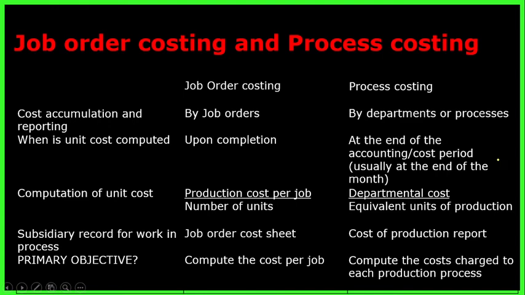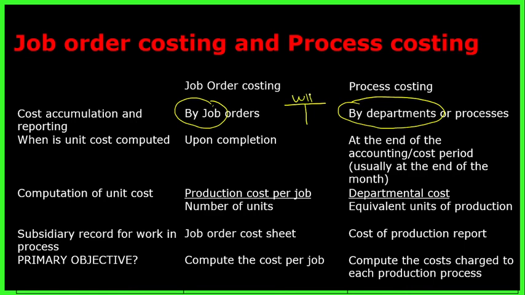Yan, other differences, cost accumulation and reporting. Okay, for job order, they are accumulated by job. When we say by job, okay, it could be by batch or by product. Process costing naman, costs are accumulated by departments. Ito na yung clue natin. So, if costs are accumulated by jobs or by product, each job or each product will have their own work in process account.